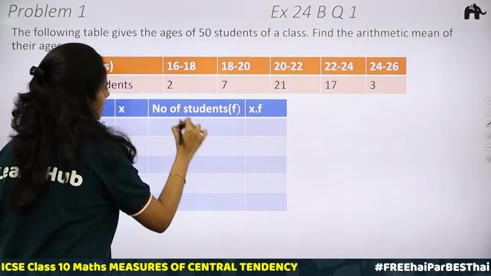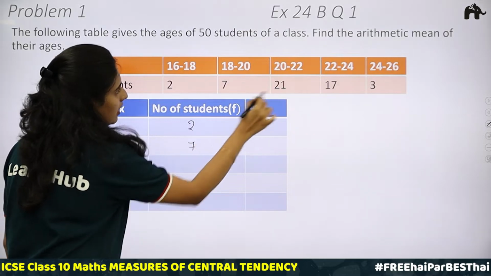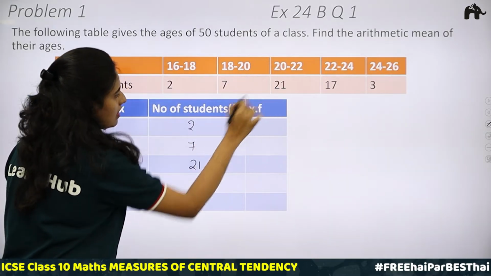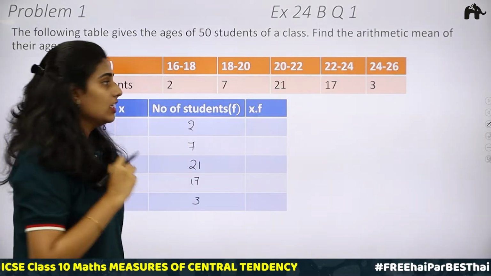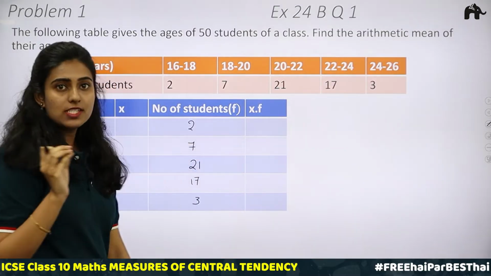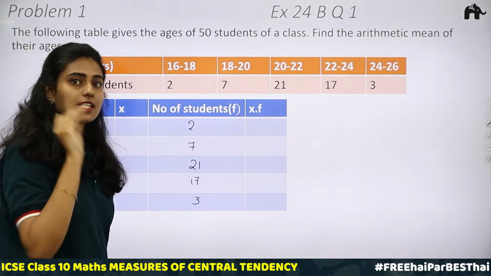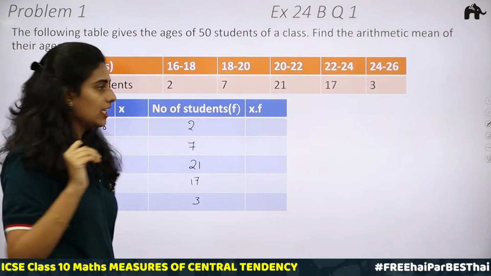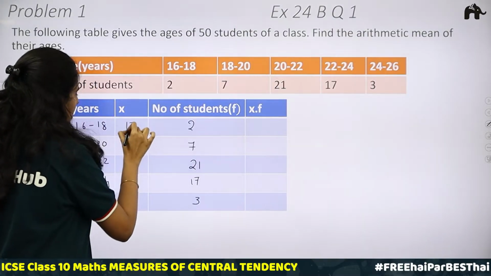The first age group has 2 students, the second 7, then 21, 17 and 3. Here we need to find the mid value. Mid value is taken as x. For 16 and 18, what is the mid value? 16 plus 18 divided by 2, that is 34 divided by 2, which is equal to 17.